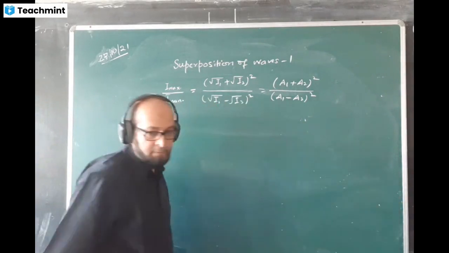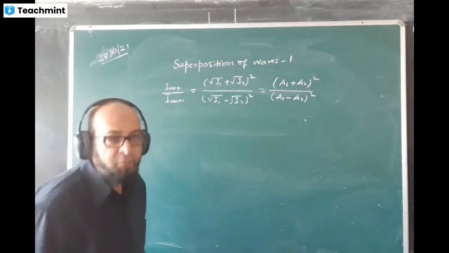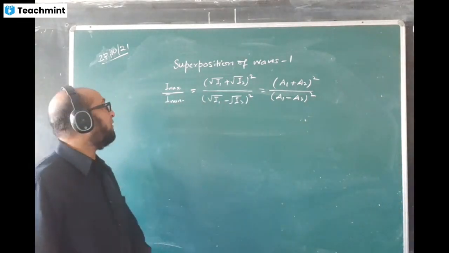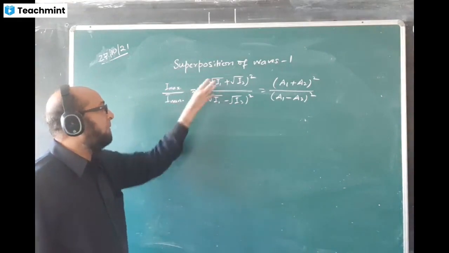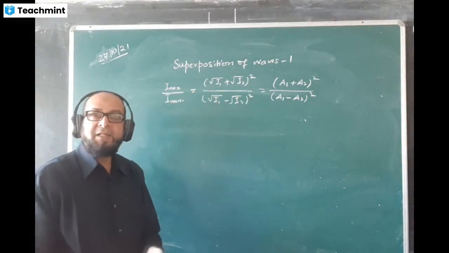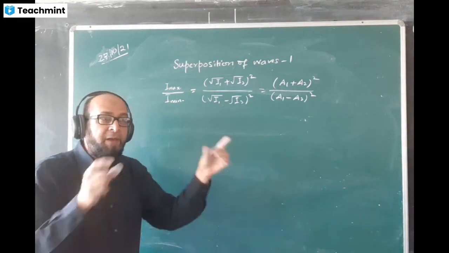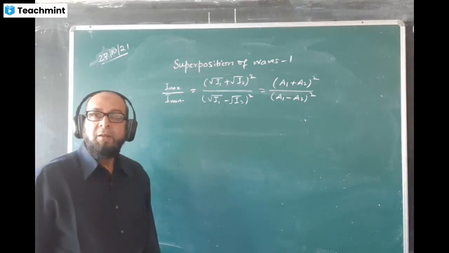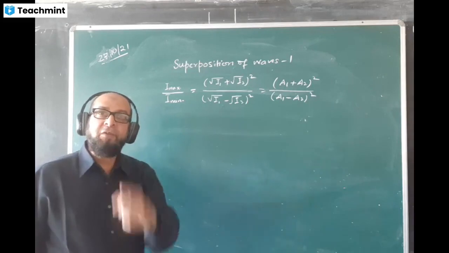So, you got the resulting amplitude formula and the formula of I maximum to I minimum. Interference takes place when two waves have the same frequency or different frequency, tell me.